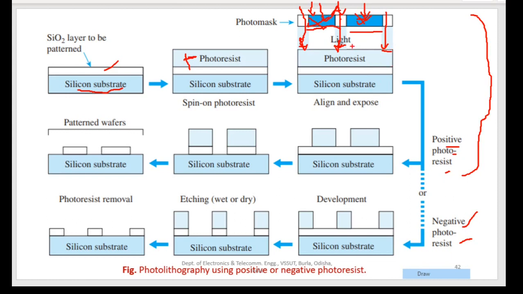And the areas which are not in contact with the light will still remain hard or non-soluble in nature. So after this is performed, then it will be divided in some parts.